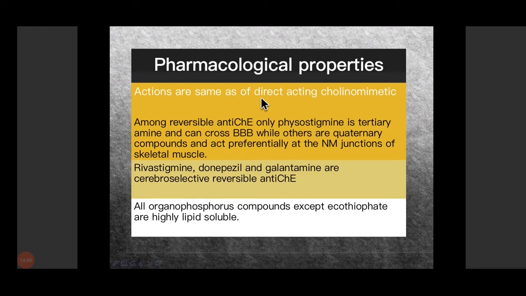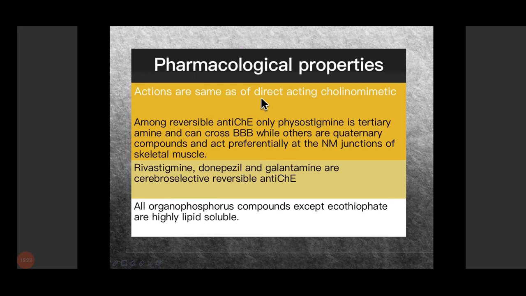So what we are doing right now is talking about the pharmacological properties of cholinesterase inhibitors. Cholinesterase inhibitors are indirectly acting, but their effect will be like directly acting cholinomimetics, as excess cholinergic stimulation.